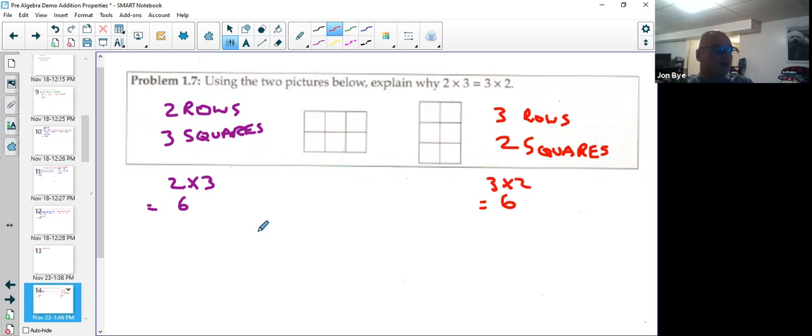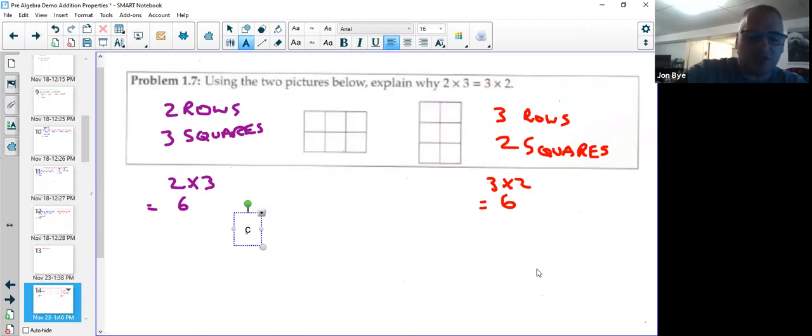And this is called the commutative property for multiplication, right? So there's a commutative property for addition and multiplication.